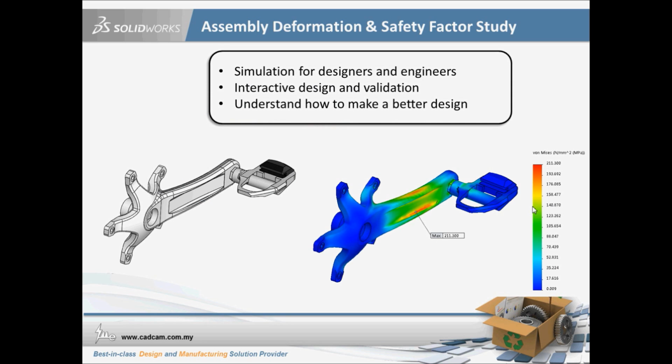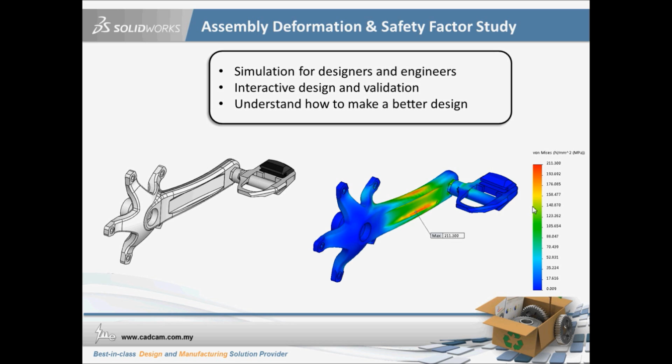This is one simple example I'm sharing here, where the simulation is for designers and engineers. In the SolidWorks interface, once the design is done, you just need to define where the loading point is, where the location is that you restrain, and what kind of material you use.